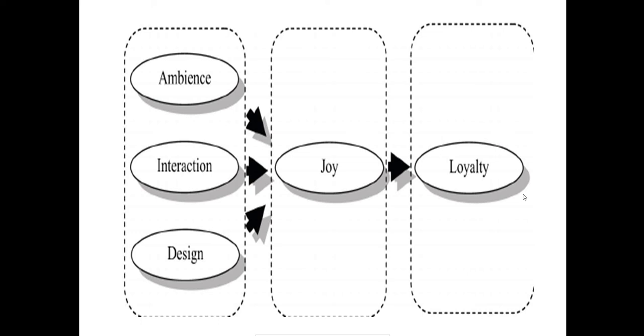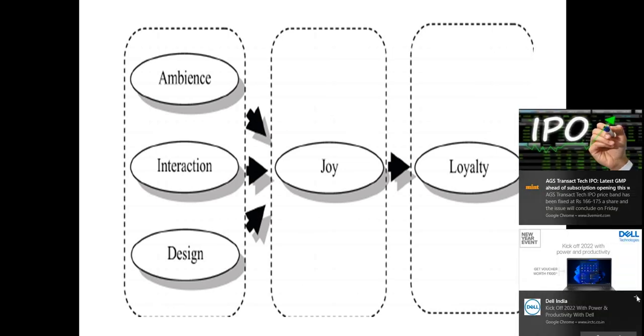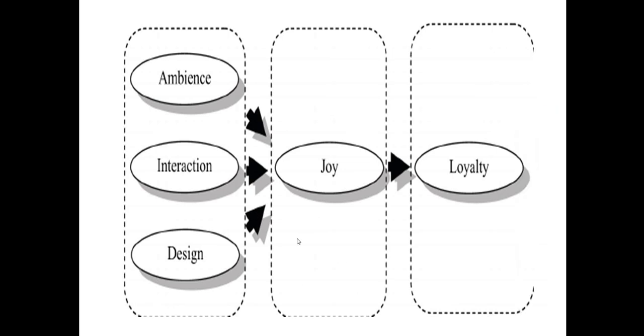Forget about loyalty or ambience, whatever is written, but if you remember the structure, while writing your PhD synopsis or research proposal, you might have used this proposed research framework, that this will be your dependent variable, and this is being affected by this and this, and this is an intervening variable. So this kind of structure is used in explanatory research.